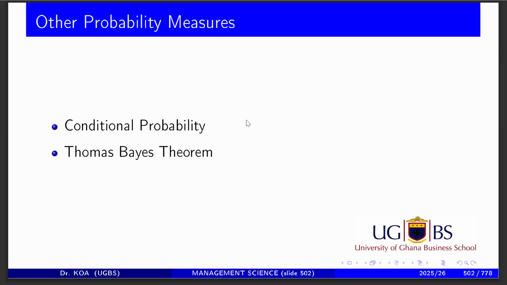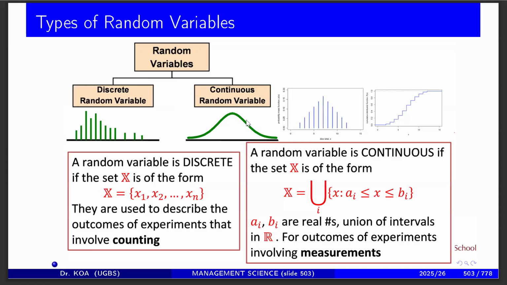Now, we'll be looking at conditional probability and Bayes theorem. Those particular types of conditional probability and Bayes are things that you should learn on your own. But my interesting part today is the types of random variables, which are drawn from probability theory. What is a random variable?